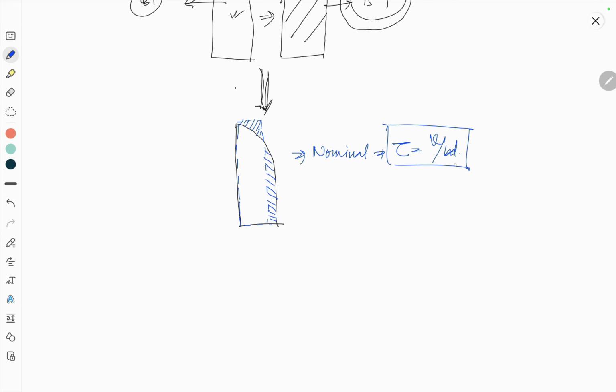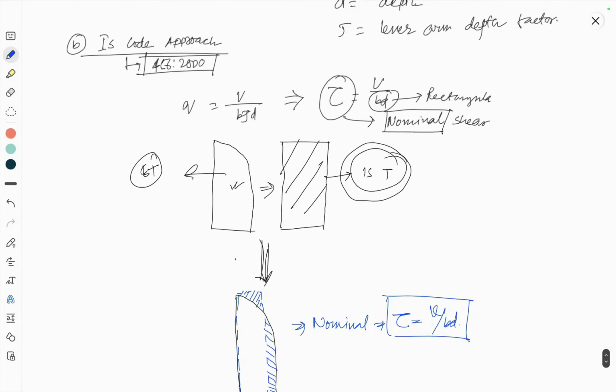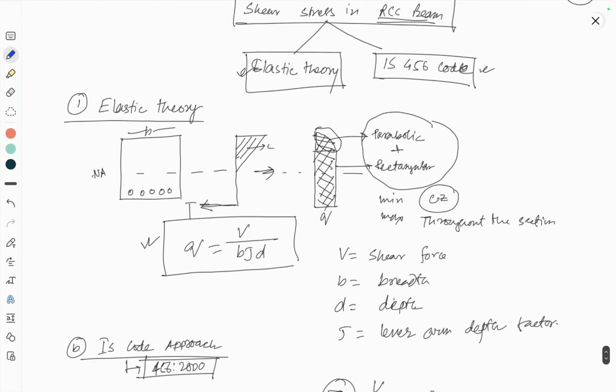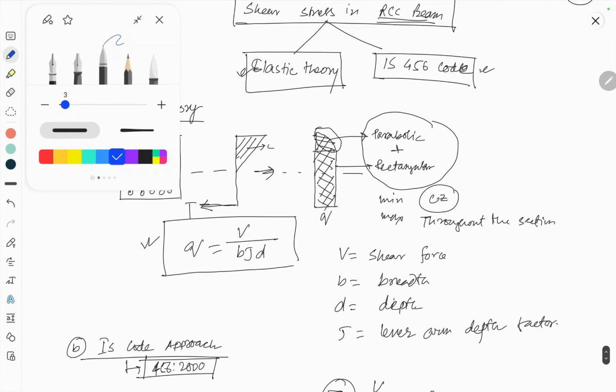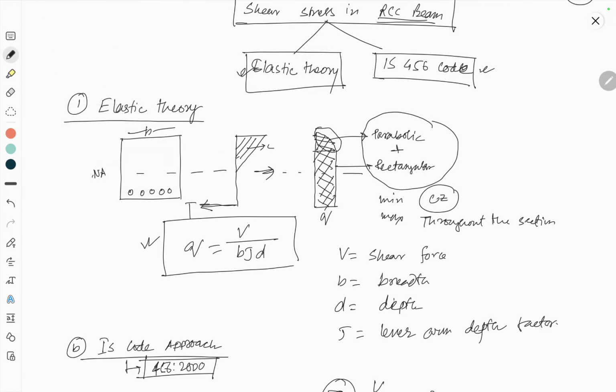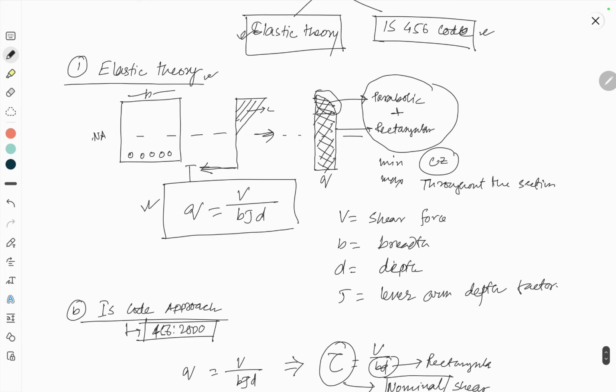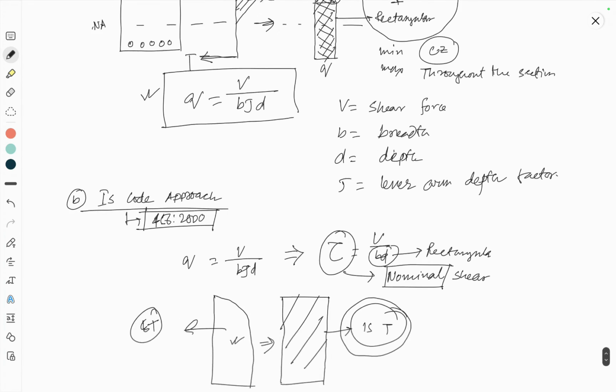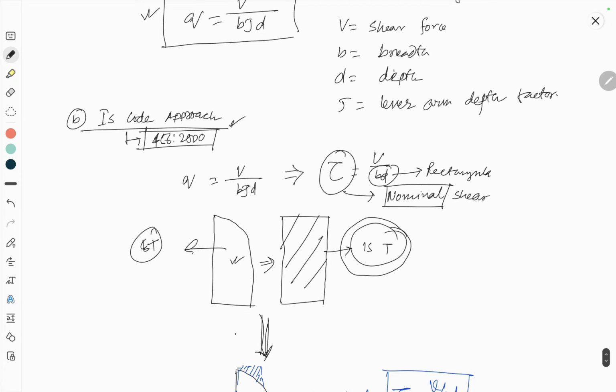So these are the two approaches I mentioned. This elastic theory is the actual concept, but due to simple calculation we go for the IS code method, where we convert this actual formula to a simplified formula as a nominal shear.